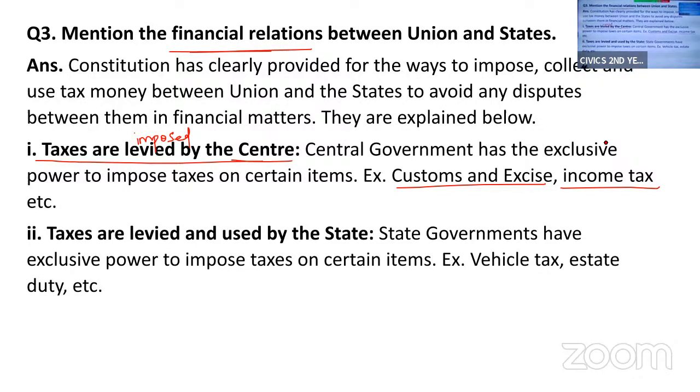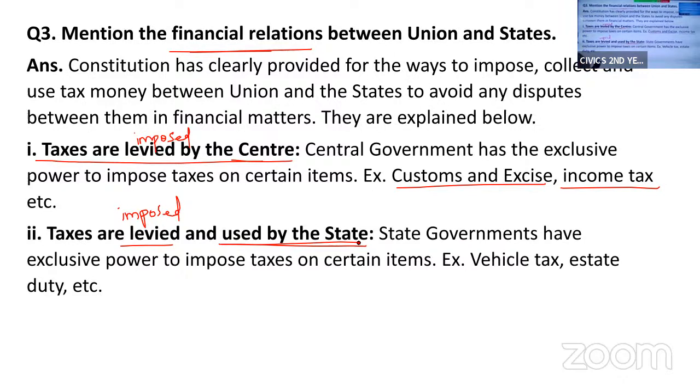Okay, the next is taxes levied and used by the state. So the second one is, here the taxes are imposed by the state government and the tax money is used by the state government. Here the state government is not only imposing the tax, but it is also using the tax money.